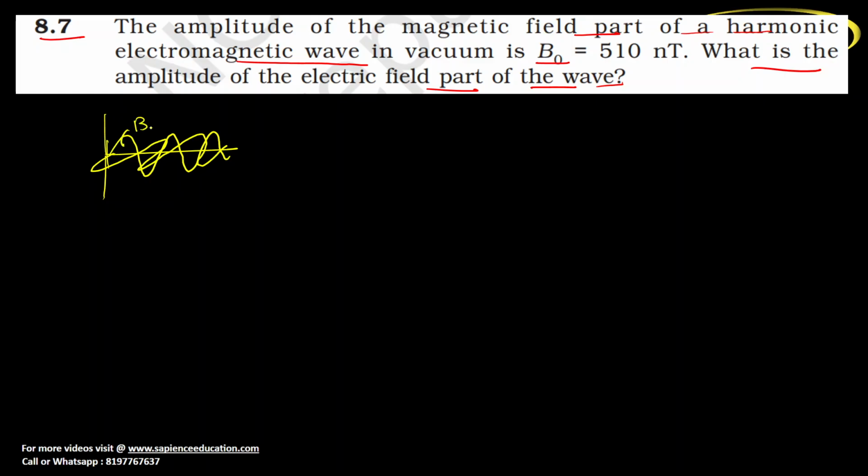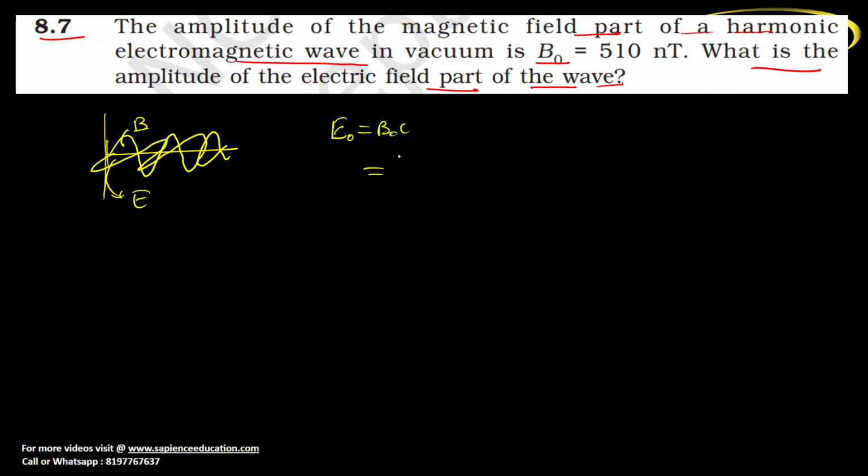Let us consider this is the magnetic field B, and this will be the electric field. Now the important relation we know is that E naught is equal to B naught into C. Now they have provided you B naught, so we can easily find out E naught.